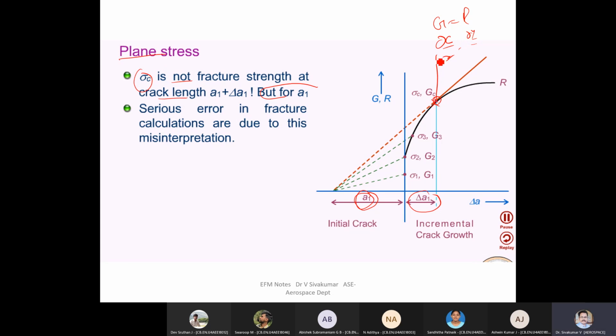So I cannot take this as for A1 plus delta A1; rather, it is for A1. For A1 crack only, it is satisfying here. It is supposed to satisfy somewhere here, but it is satisfying here. So serious errors in fracture calculations are due to this misinterpretation.